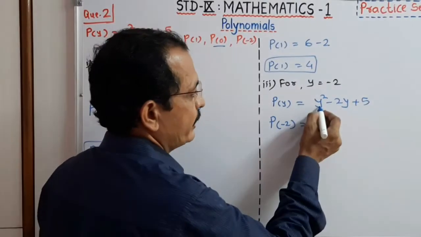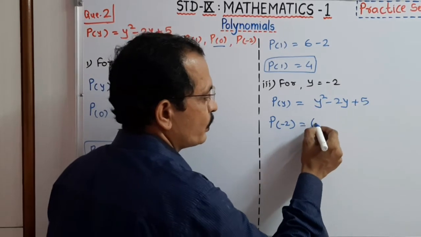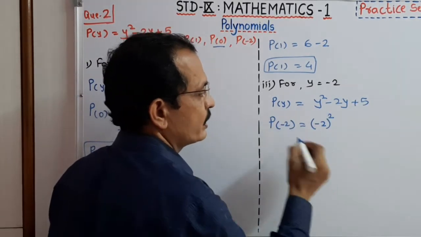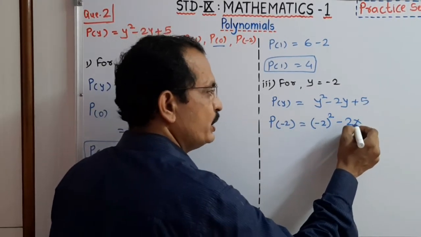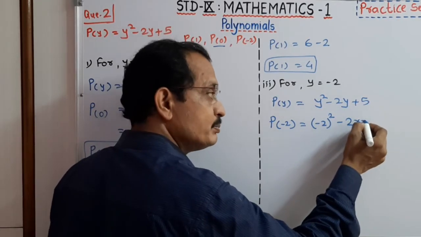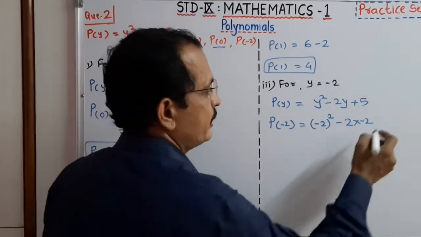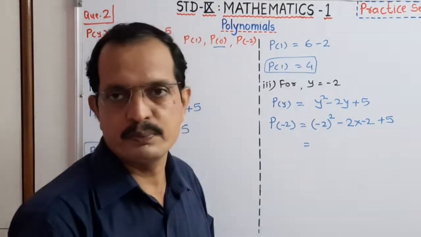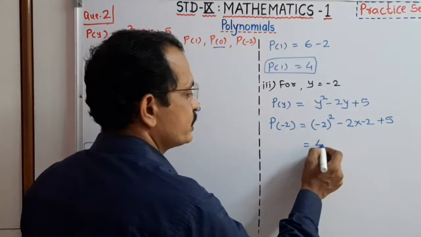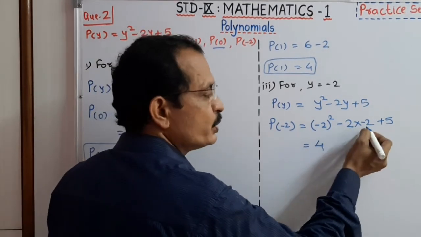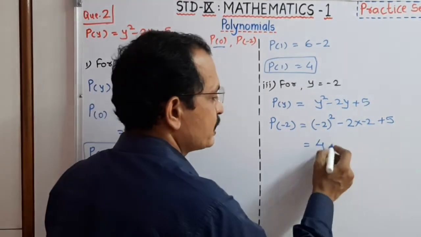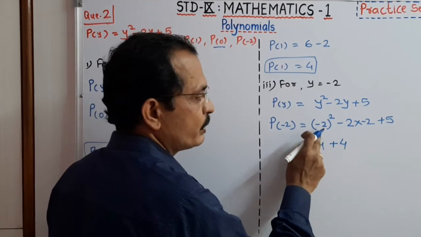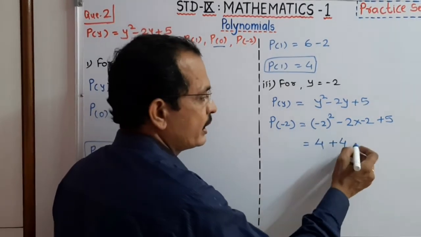Now see here, y square: instead of y we write (minus 2) square. Minus 2 into, the value of y is minus 2, and here it is 5. Therefore the square of minus 2 is 4. Minus 2 into minus 2, same thing, it is plus 4. I think everyone understood this. And this 5.